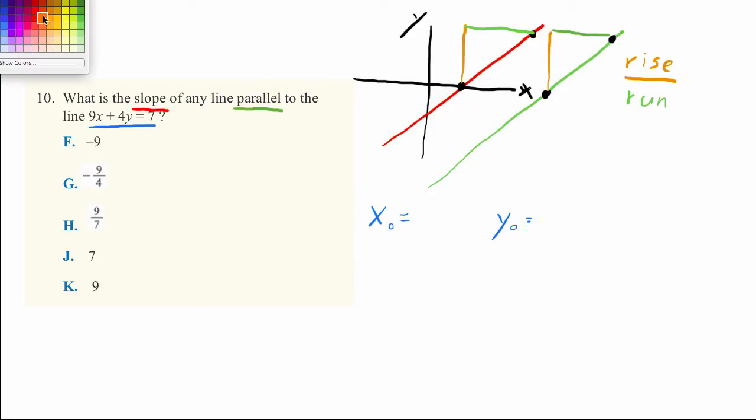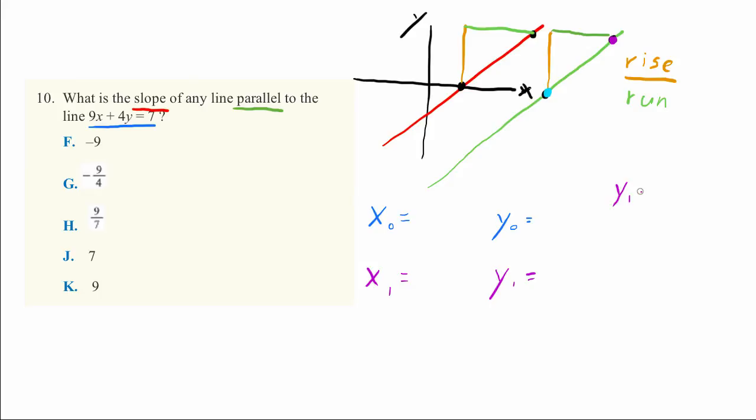And then we'll have to pick a second point. Let's go ahead and say purple. We'll call this point x1 is equal to something, and y1 is equal to something else. You can just think of these as the points that I'm picking. And so what we're asking is, let's pick out 2 points, and then calculate the slope. This is going to be how much we rose, which is equal to y1 minus y0.